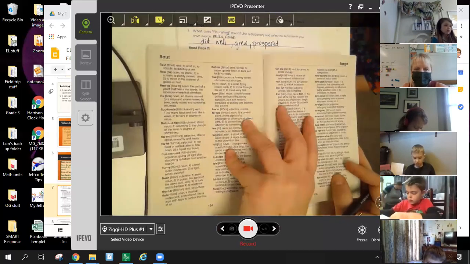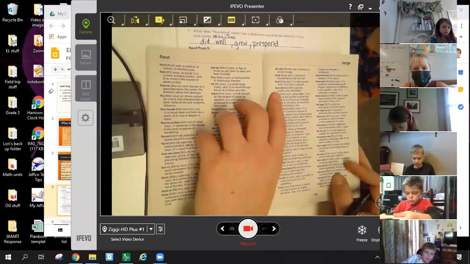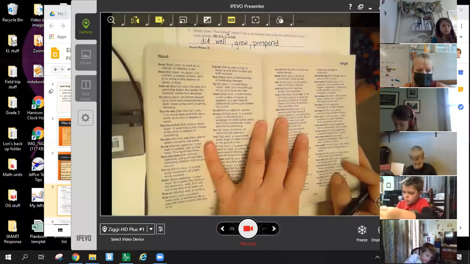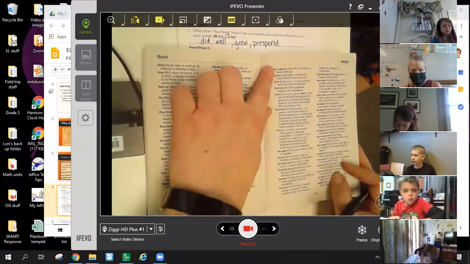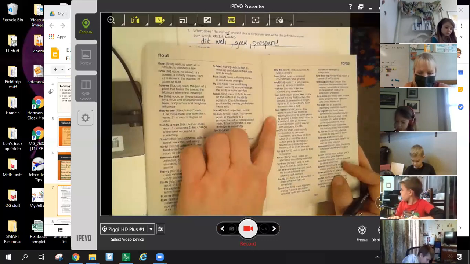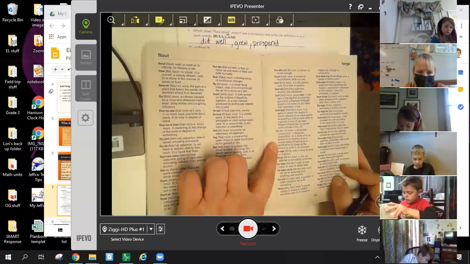What's our next letter? F-O-R-B. There's a G there. Does B come before G? Yes. So is it likely to be on this page? Yes. So let's look up F-O-R. Here's F-O-O. There's F-O-R. F-O-R-A.